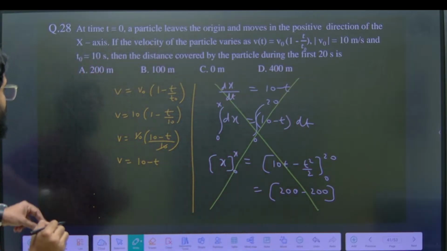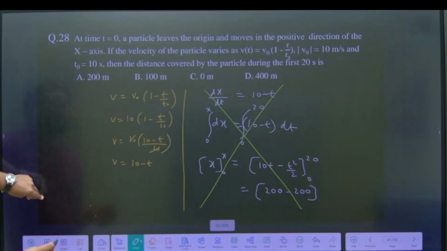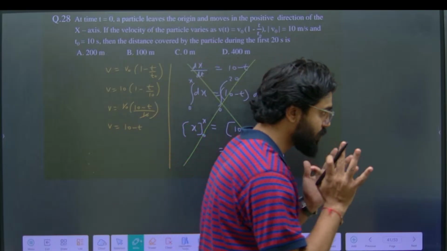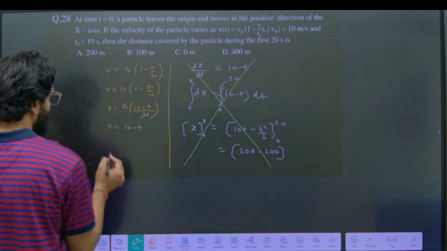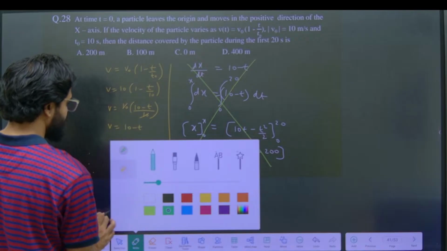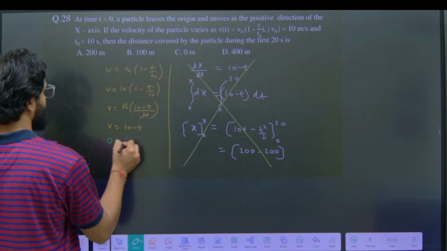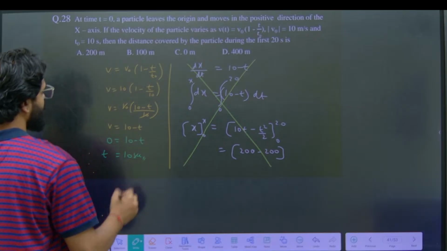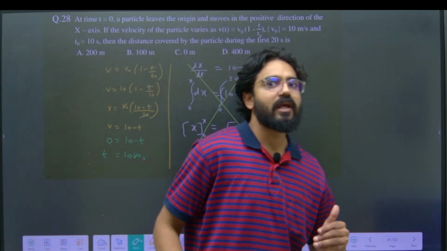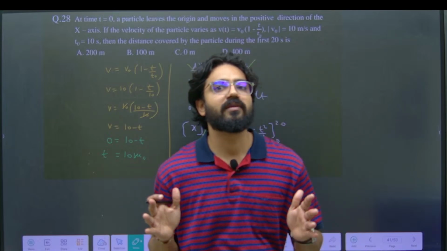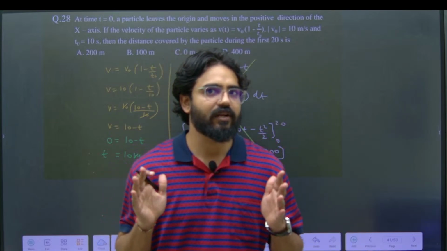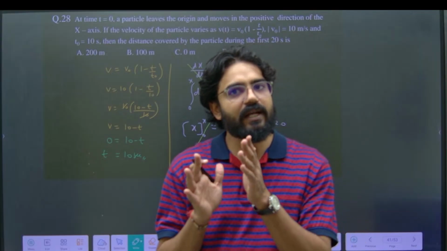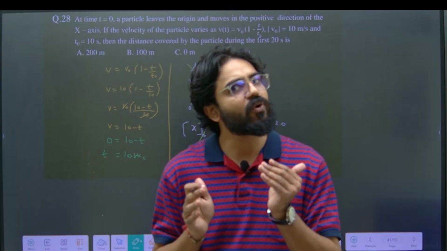Okay, the same mistake you guys can make, because 0 is the value, right? So think at what point the velocity will be 0. T equals 10 seconds, correct? So if in a given time interval someone is asking to calculate distance, please check whether the velocity becomes 0 in that interval.